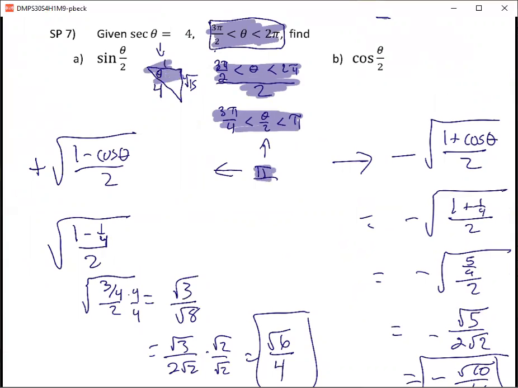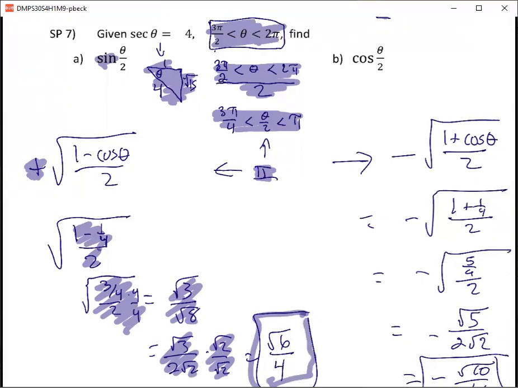So theta is in quadrant 4, but theta over 2 is in quadrant 2. Quadrant 2, sine is positive, so we're going to be using the positive square root. So 1 minus 1/4 over 2 gives me this expression. You can hopefully do the math, simplify, rationalize to get my final answer of the square root of 6 all over 4.